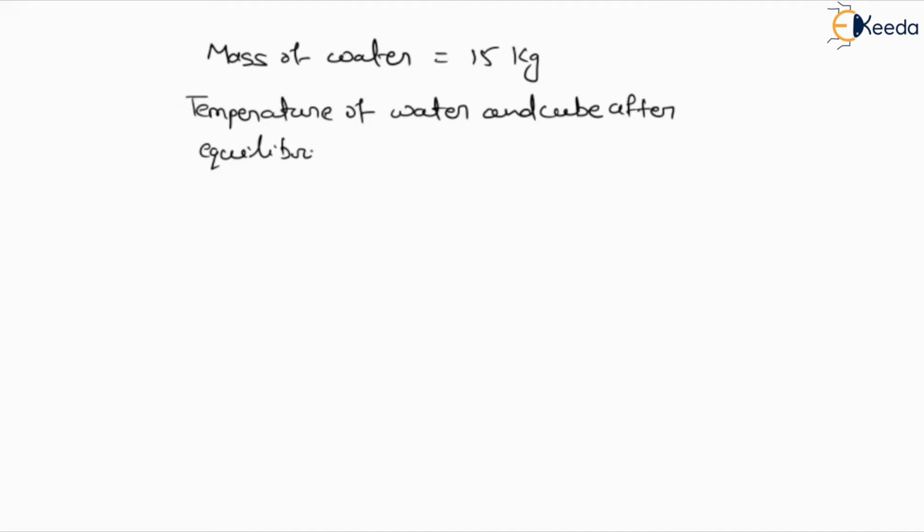Now the mass of water is given. It is 15 kg. Another term is the temperature reached by the water and cube after equilibrium, which is 80 degrees Celsius. We convert this into Kelvin: 80 plus 273, so it will be 353 Kelvin.